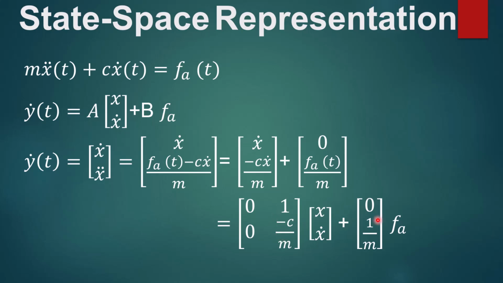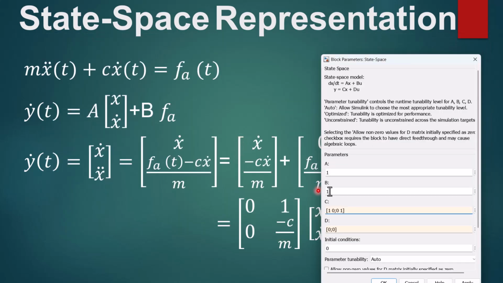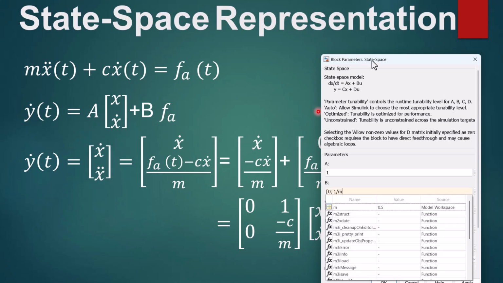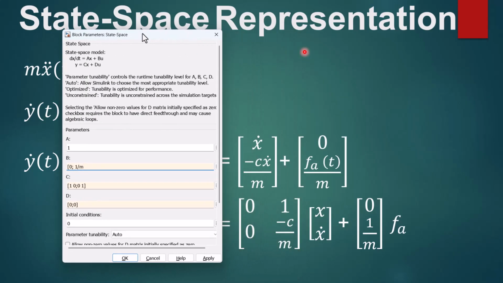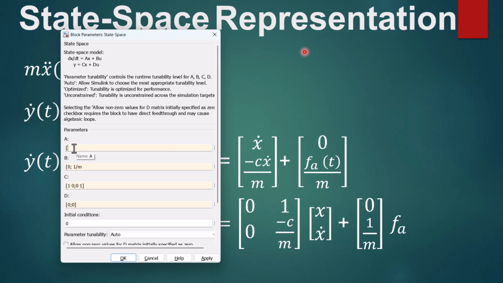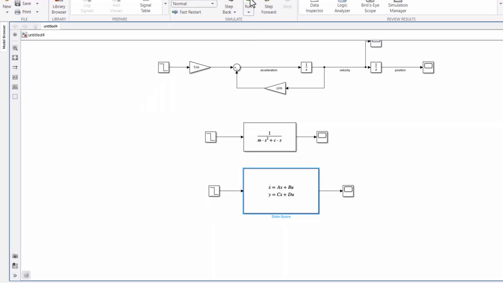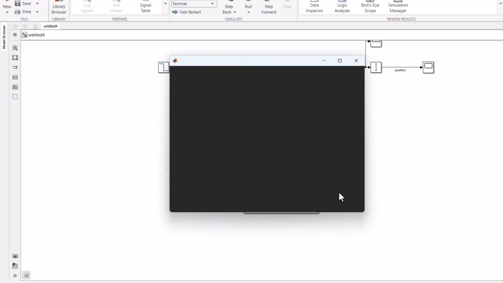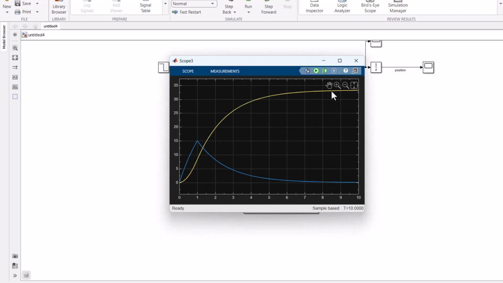So this was A and this is B. So B is 0 and 1 over M. And A is 0, 1, semicolon, 0, negative C over M. Okay. Now I run and I can see both velocity and position.